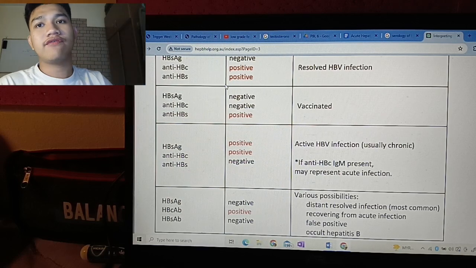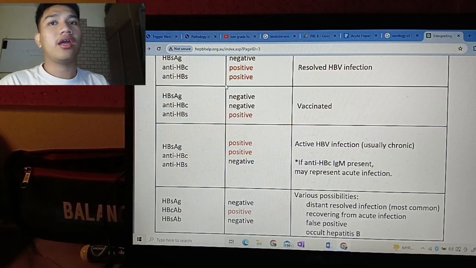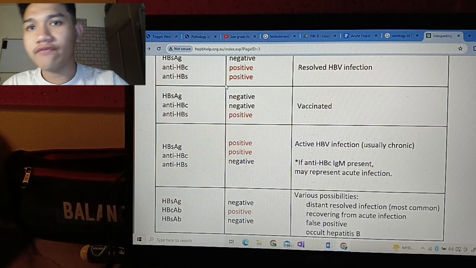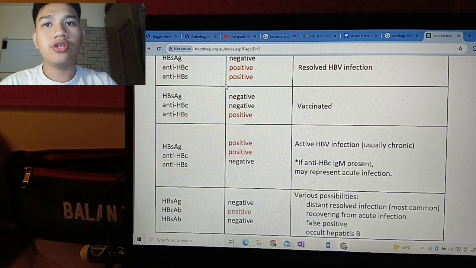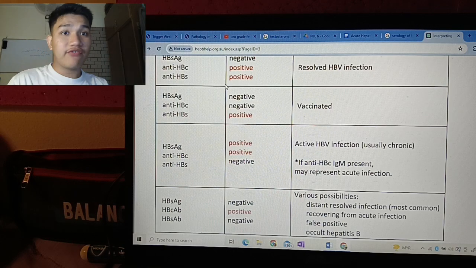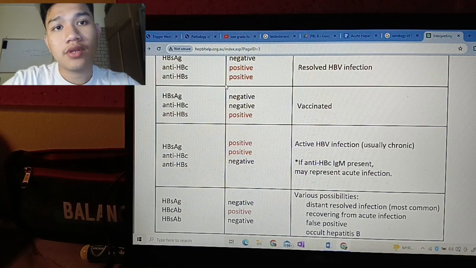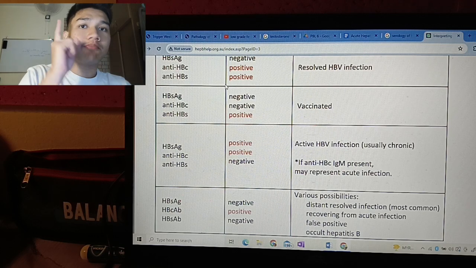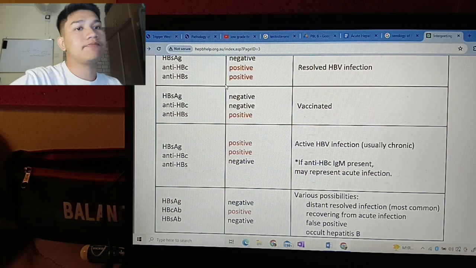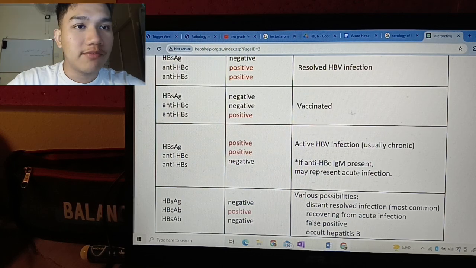Third case, antigen negative, surface antigen negative, antibody towards core negative, but antibody towards surface antigen positive. Because this patient is vaccinated. Vaccinated patient.